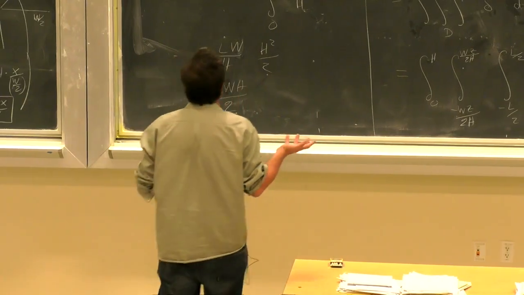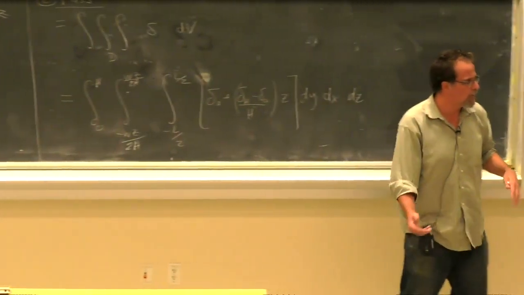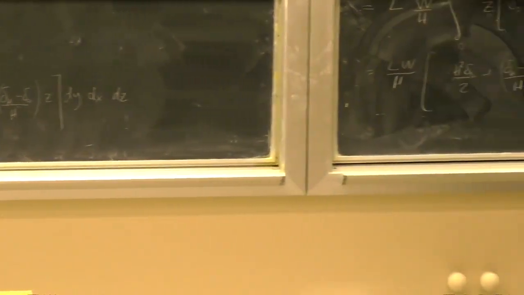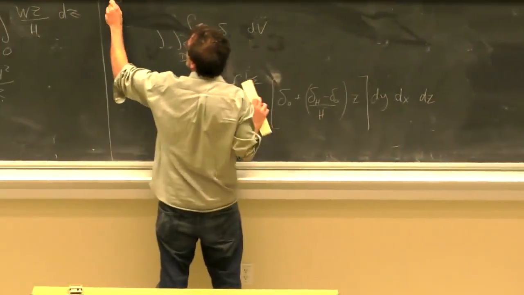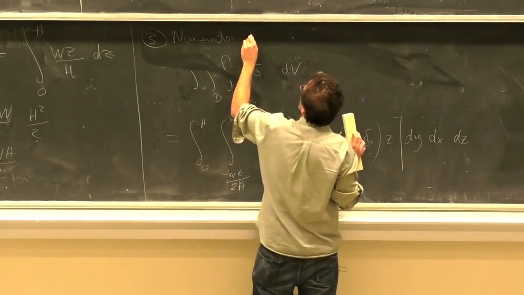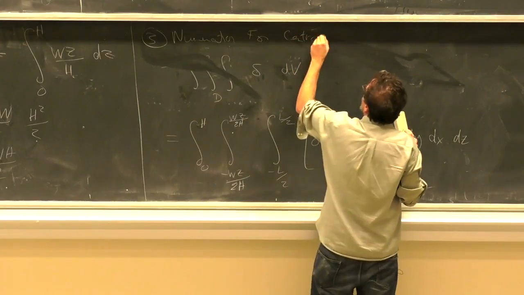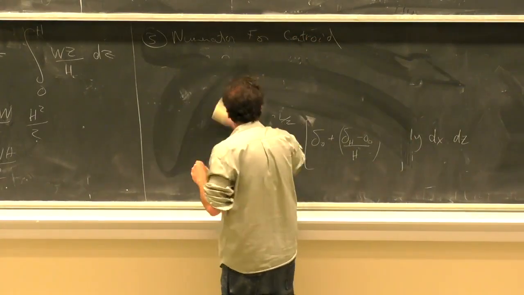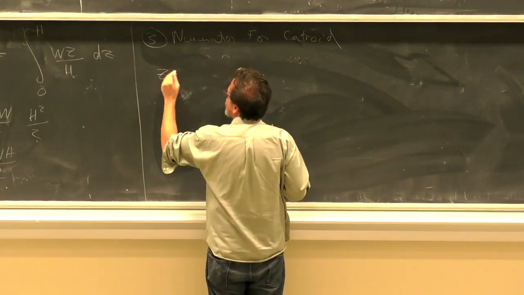What I need to calculate is z times the volume, so the numerator for the center of mass, the centroid. So this is part 3, the numerator for the centroid. What's the numerator in the calculation of the centroid? Well, we want z.